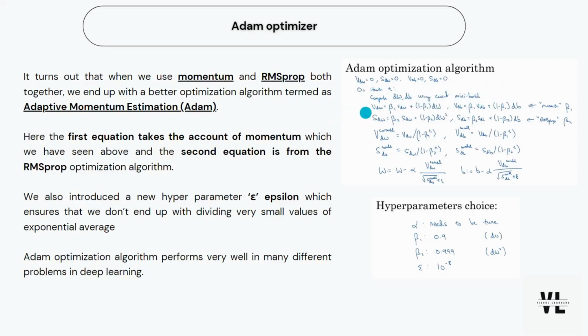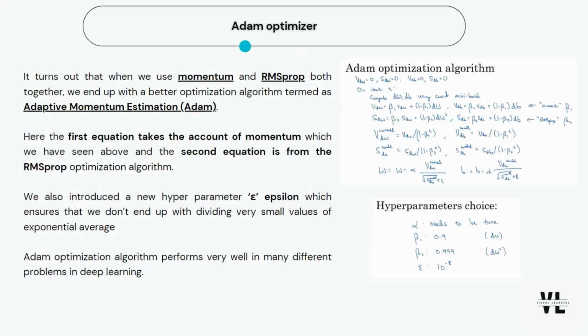Then we need to compute the exponentially weighted average for the momentum term by using beta 1. So we're computing VDW and VDB and adjusting them accordingly. Second, we use the formula from RMSProp and using another parameter beta 2 in order to find SDW and SDB.